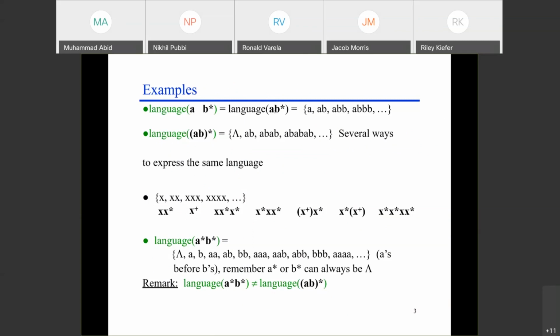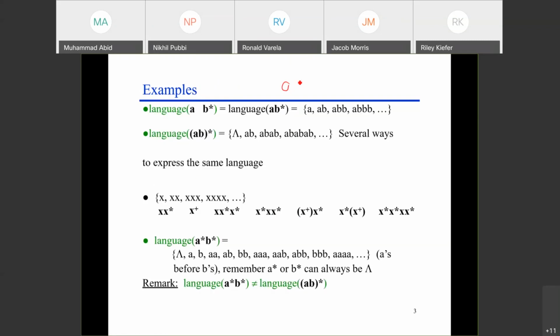It is the common understanding that this is not one word. A is a separate letter, B is a separate letter. Here we put a space just to show you that this star is only on B, it is not on A. So if you write it this way, this star is not on A, it is only on B.